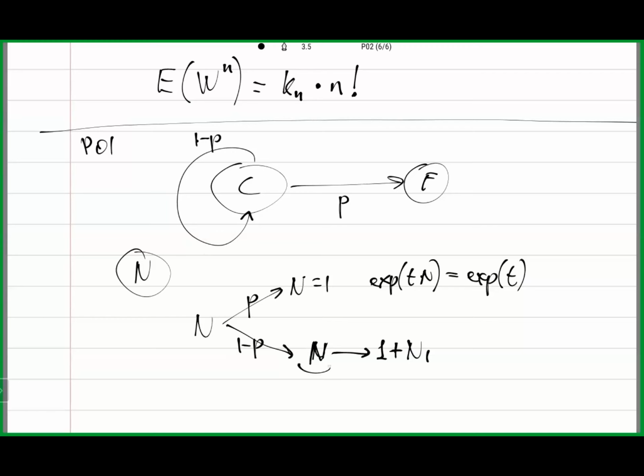So random variable n is transformed into 1 plus n1, and n1 has the same distribution as n. Honestly speaking, that's a different random variable, but with the same distribution.